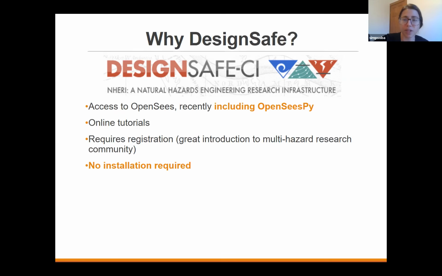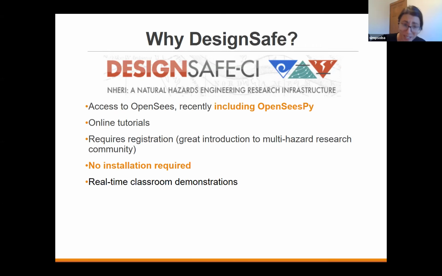And the thing that I think is very important is that there's no installation required. If you use Python and Jupyter Notebooks through DesignSafe, you do not have to install Anaconda. You do not have to use any sort of pip installation method. It is already right there. It's accessible everywhere. And it's easy, so they can just go right into programming without trying to install something on their computer.